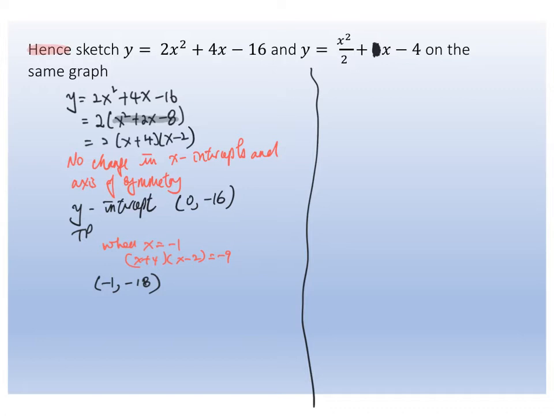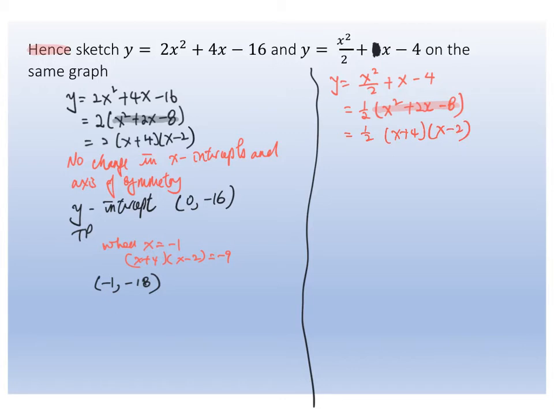How about let's do this. y equals x squared over 2 plus x minus 4. So if I take the half out, you see that this is x squared plus 2x minus 8. Again, this bit is familiar. So therefore, you know this is half times x plus 4, x minus 2.